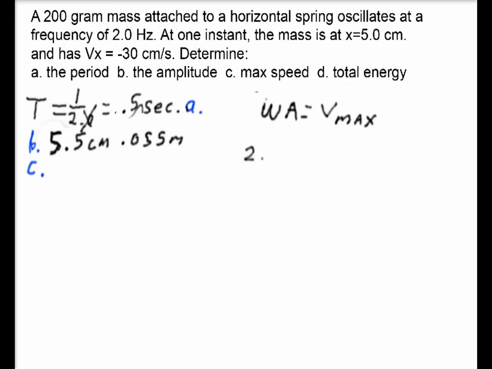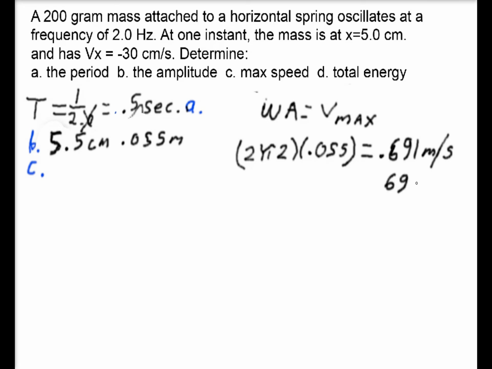That is 2 pi times the frequency, which is 2, multiplied by the amplitude in meters, 0.055. Multiplying that together, you come up with 0.691 meters per second, or 69 centimeters per second.